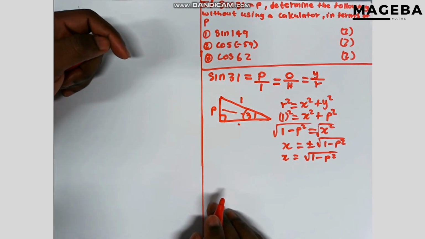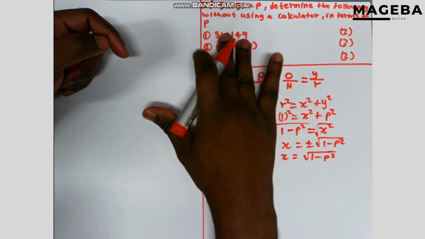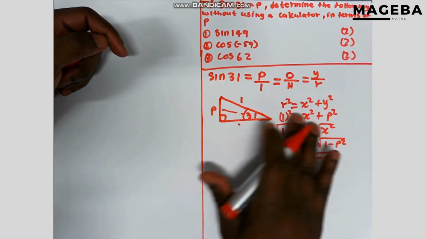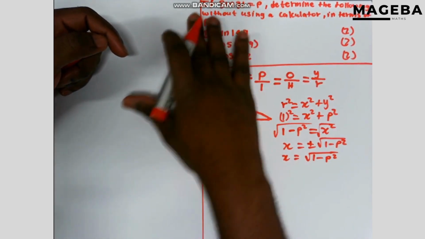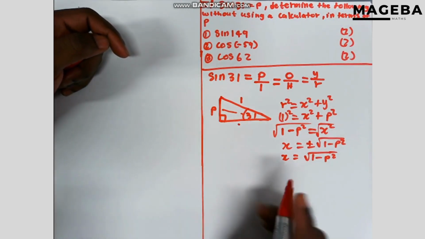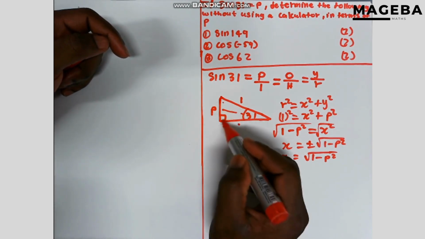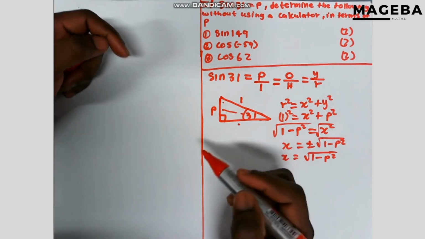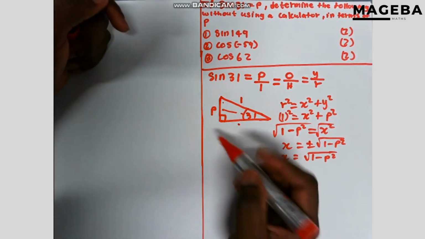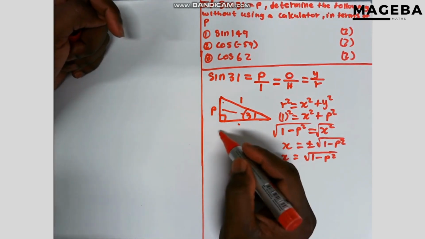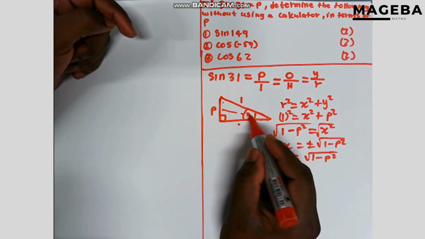Now let's go to answer. Guys, before you answer the question, it's very important that you do this before you answer any question that is being asked here. Again, we need to find this angle that is here. We have this 90, we have this 31. Let's find that angle here by saying 180 minus 90 minus 31.